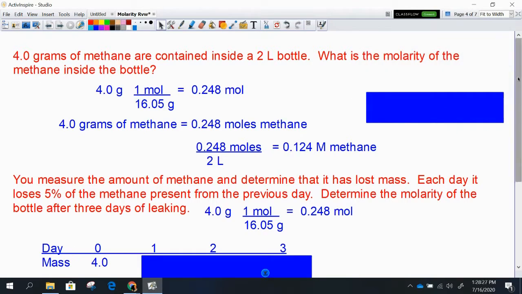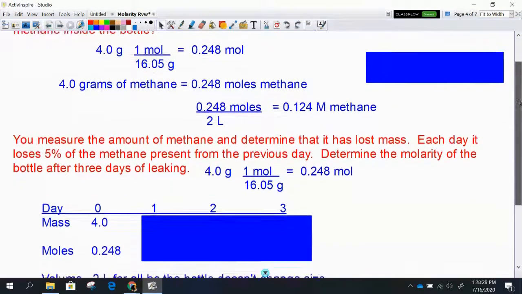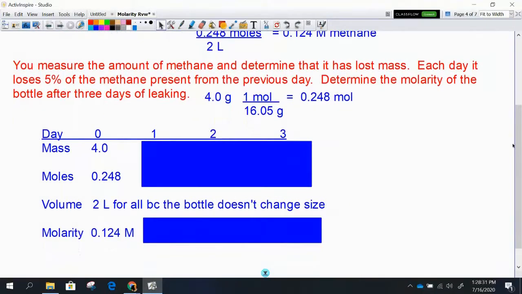And this next question, I have a series of weird ideas here. I said, well, sometimes things leak, the particles get out, and then the molarity would slowly drop if the particles were getting out. Now, if the particles are getting out, it's not because the container is getting smaller, it's because some of the particles are being removed.